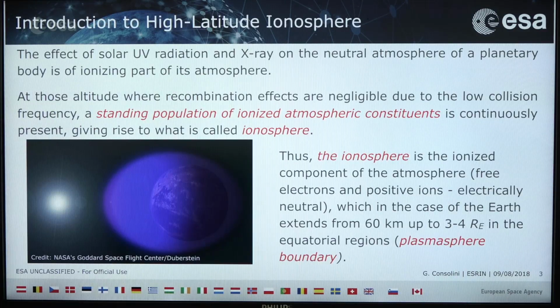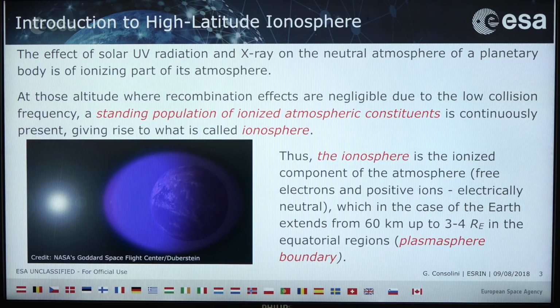Now, everybody knows that the effect of solar UV radiation and X-rays on the neutral atmosphere can generate ionized elements. These can essentially create a standing population of ionized atmospheric constituents, and that is generally called the ionosphere.